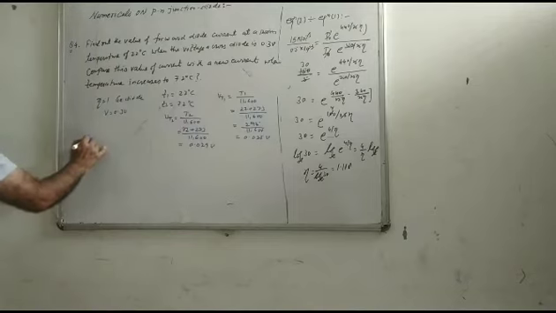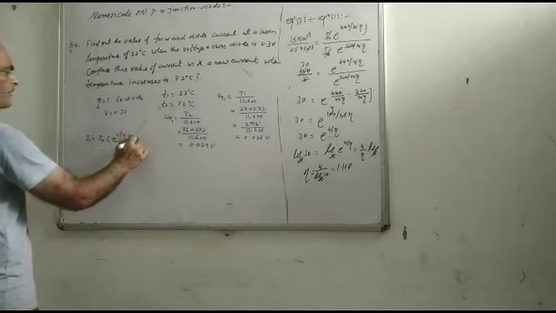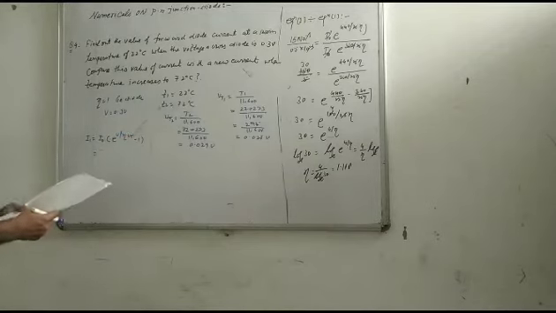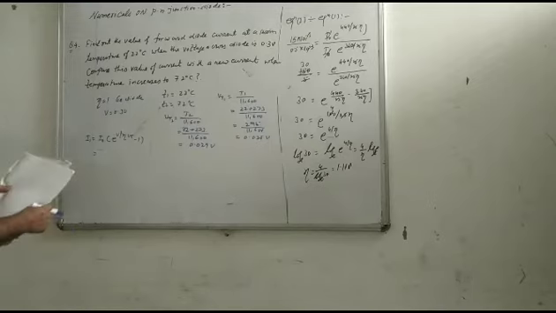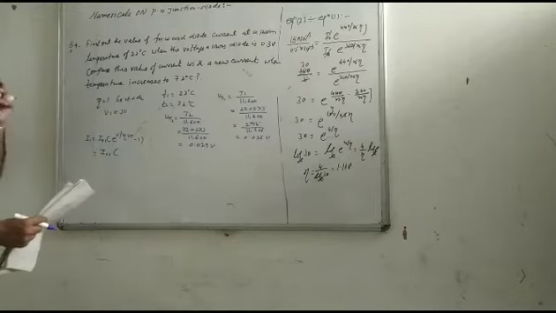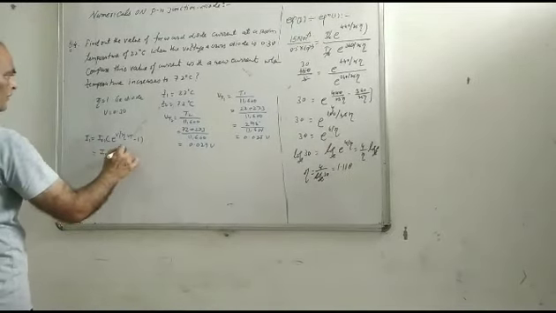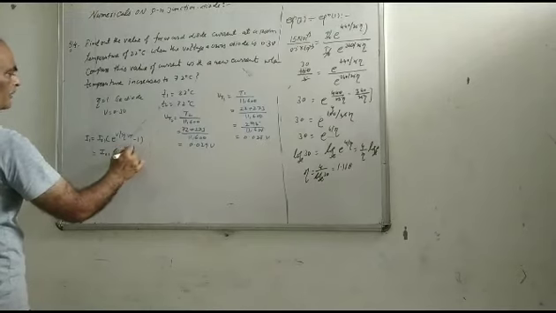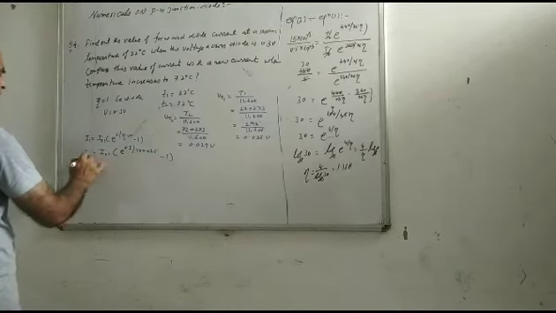So I1 is equal to I0 e to the power V upon eta Vt minus 1, and we can take I01 into e to the power 0.3 upon eta, which is 1, into 0.025, minus 1.